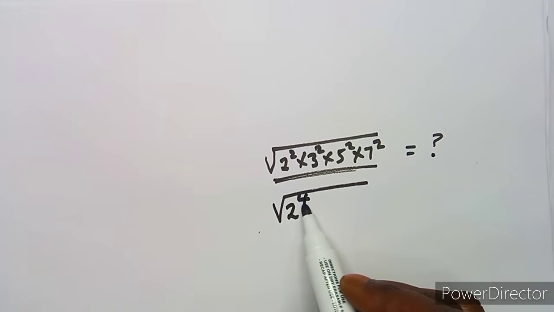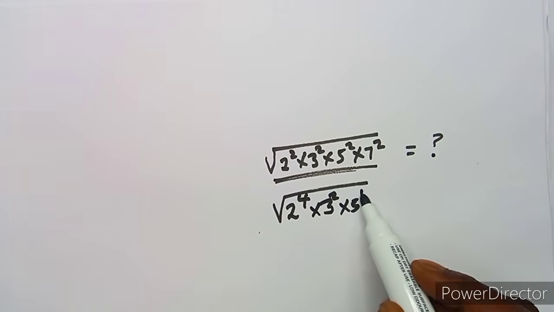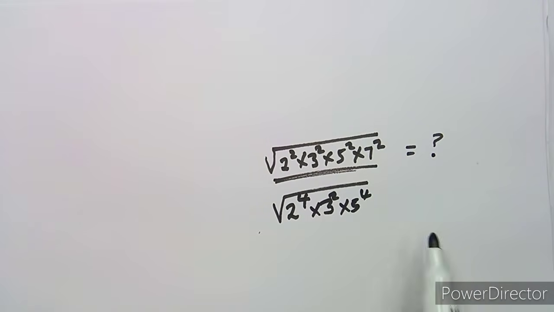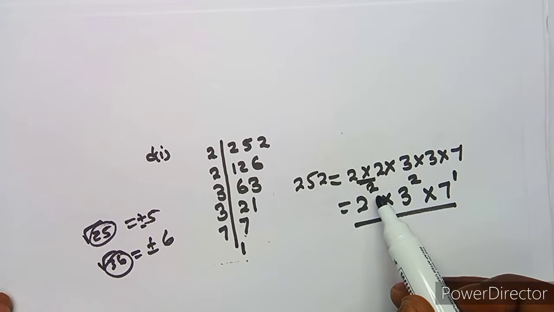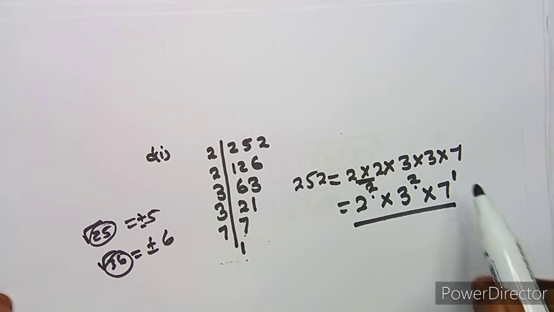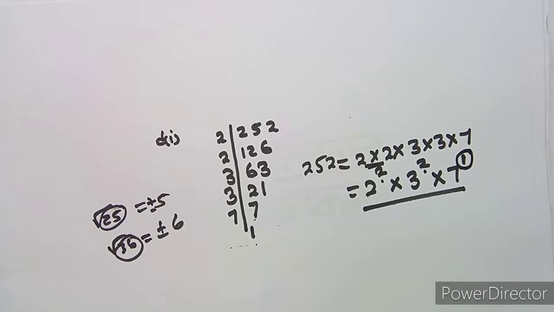2 to the exponent of 4 times 3 to the exponent of 2 times 5 to the exponent of 4. This is a perfect square. Why? It is having even exponents. But now here we've got an even exponent, but this one is not an even exponent. That is 1. 1 is not an even number, it's an odd.